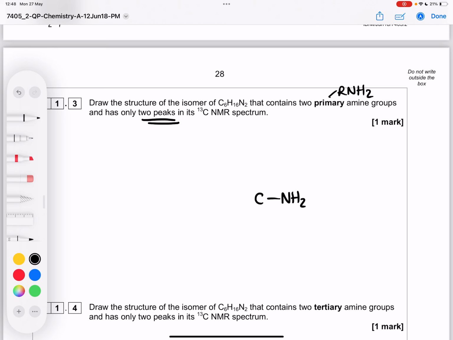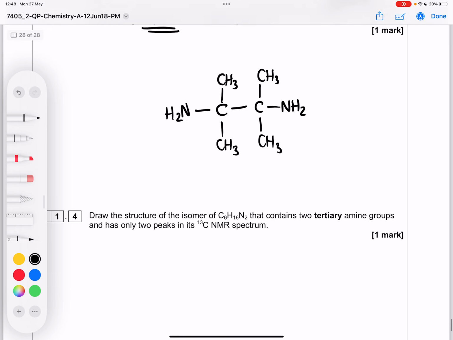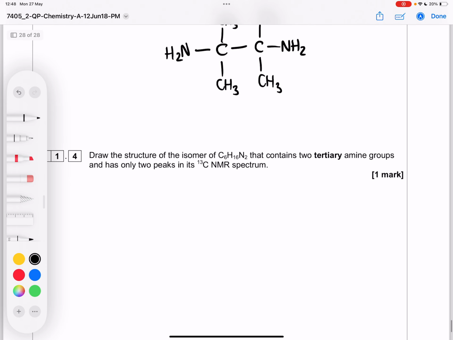We want some symmetry. Really, the only thing we can probably do is put 4 methyl groups identically, and then the 2 C's that have the methyl groups are the same as each other, and the 4 methyl groups are the same as each other.